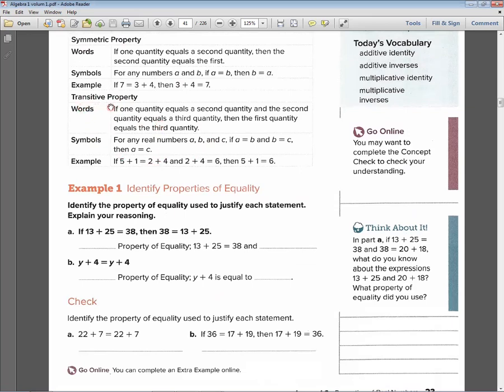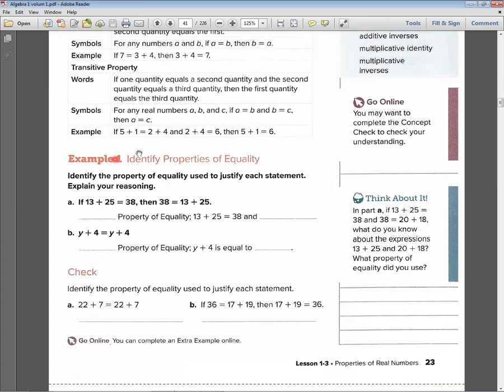What do we mean by transitive property? We can say if a equals b, and b equals c, then a equals c. First, second, and the third.